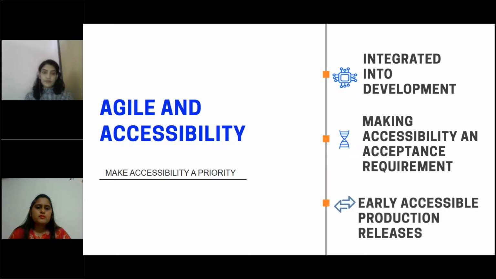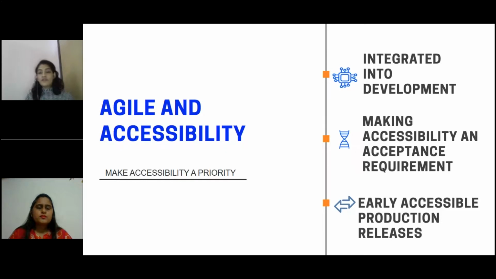The third one is doing it early with each production release. It's not just about adding acceptance criteria or things like that. It's basically deciding early on what compliance level the application should meet, and making sure that build on build it is tested against that compliance level, by having probably a dedicated tester who just tests the application on this.